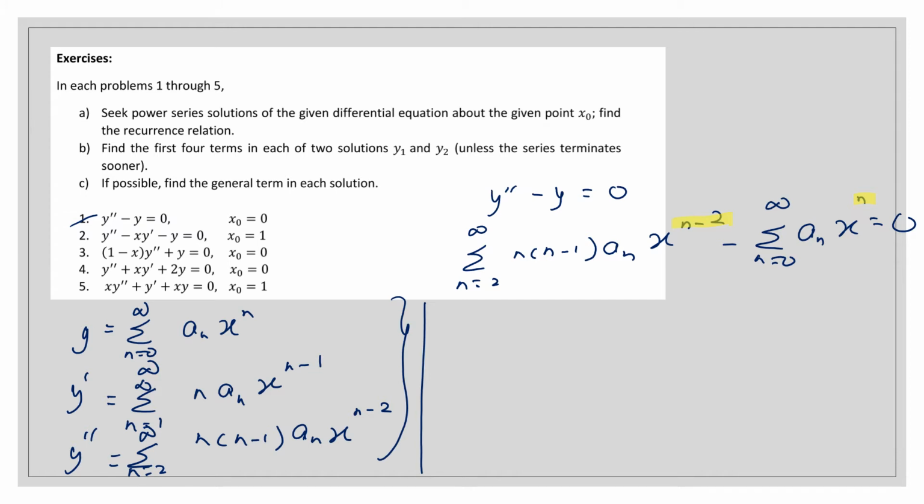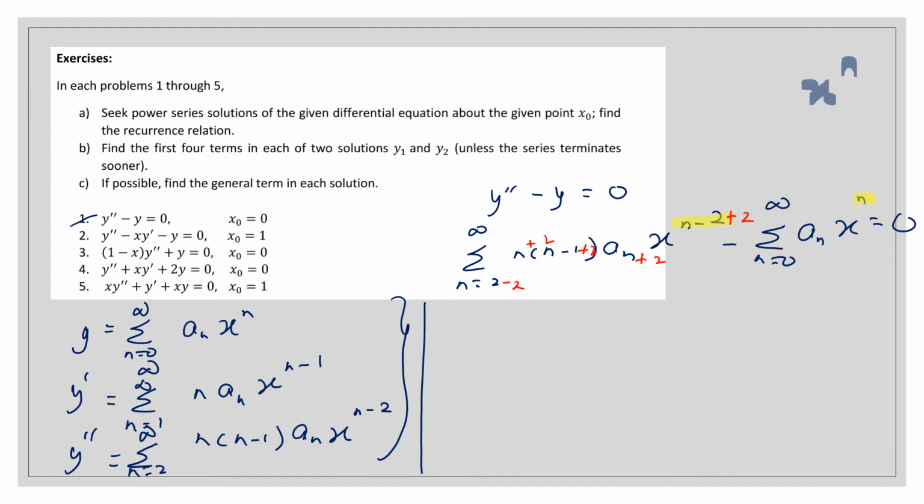So for this one, we want to make the power x to the n. Okay, to do this, in here we have to add 2, so for this one, we have to subtract 2.